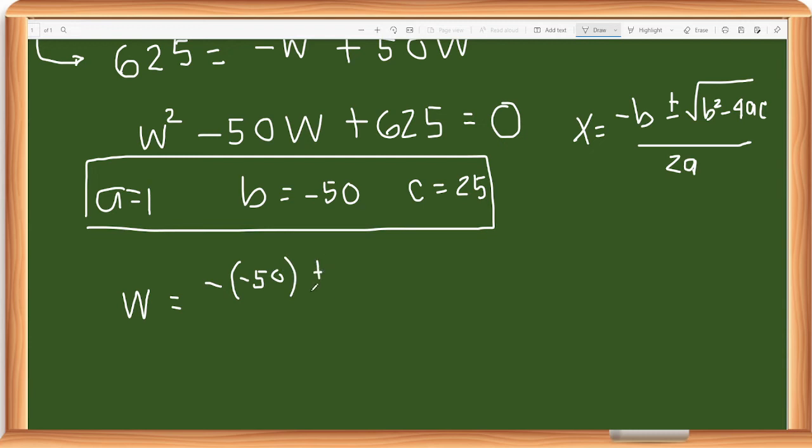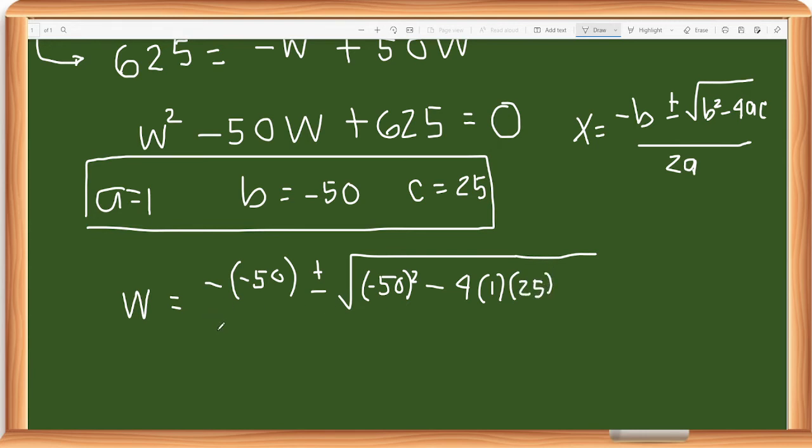Plus and minus the square root of your b squared. So, that is negative 50 squared. And then, minus 4 times your A, which is 1, times your C, which is 25.